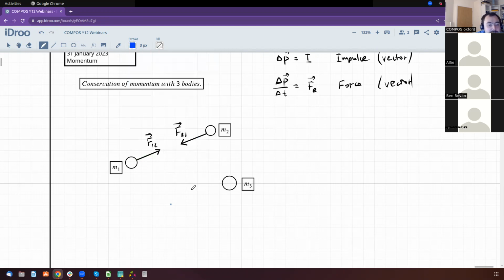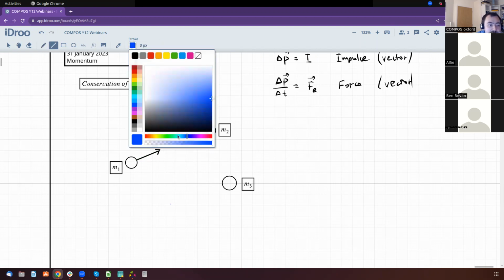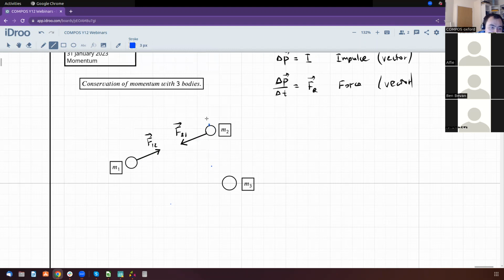Now, object 2 and object 3 also interact. And let's say it's a repulsive force. We don't know the nature of that force, but we're not really interested in that. And let's say this is the force on object 2 from object 3, and this is the force on object 3 from object 2.